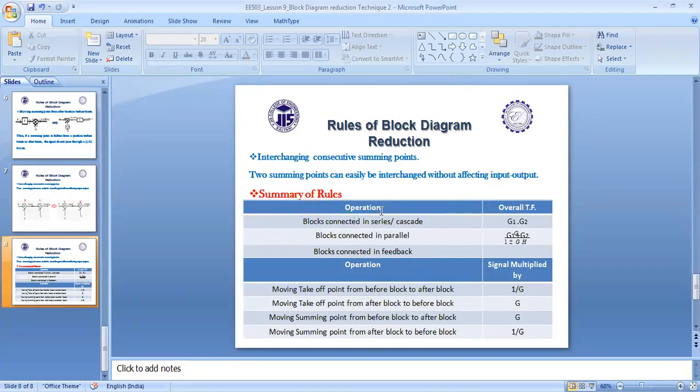Now let us move to the summary of the rules which we discussed in the last class and today's class.